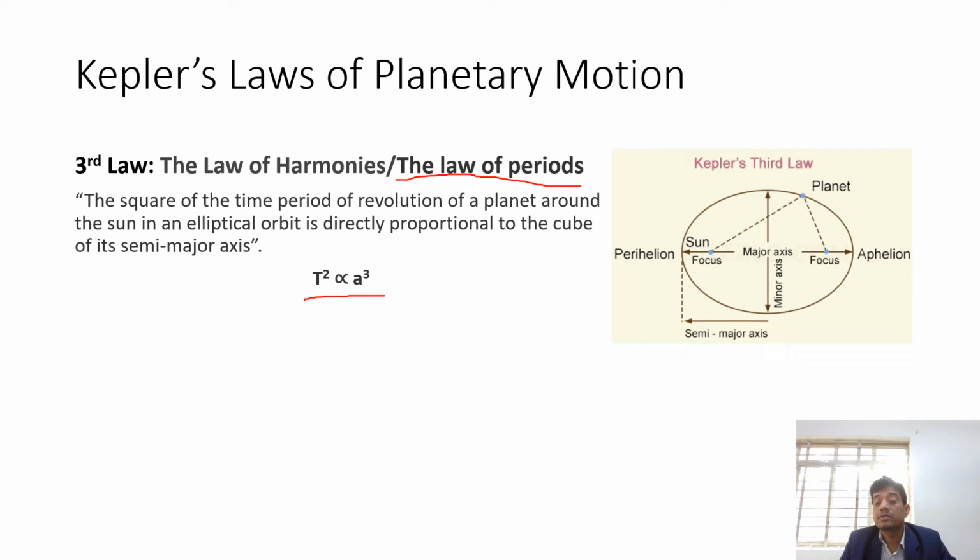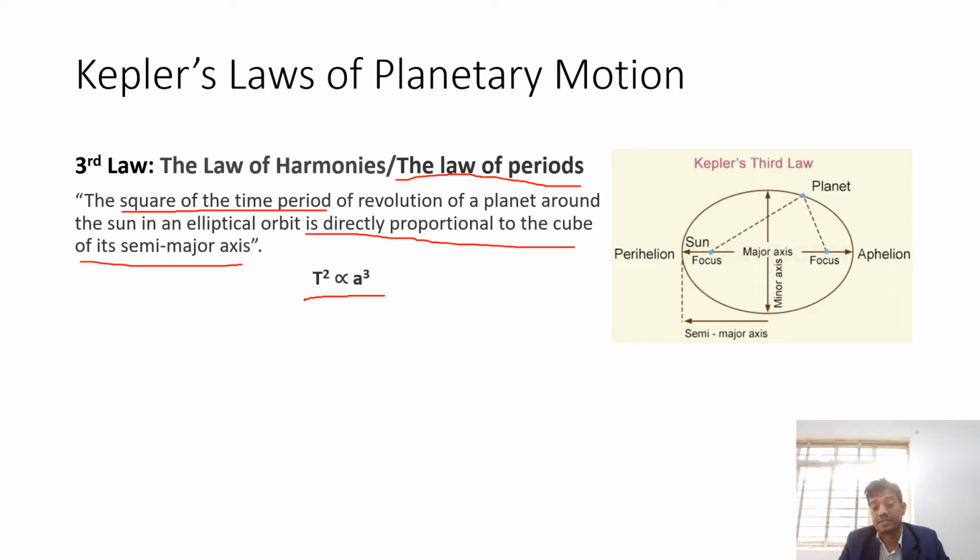When the planet revolves around this sun, this is your semi-major axis, and this line is your semi-minor axis, right? The square of this time period is proportional to the cube of its semi-major axis, T square proportional to a cube, right?